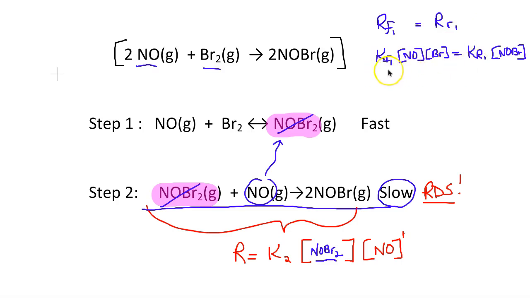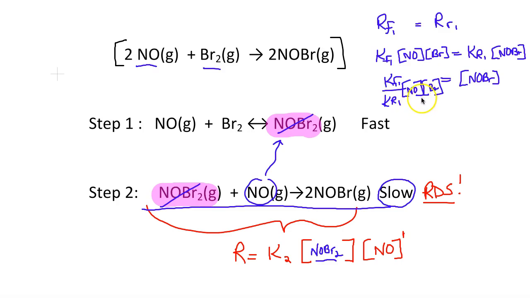So I'm going to divide by my rate law constant for the reverse, so NOBr equals k_f1 over k_r1 times this expression here, NO and Br2. Okay, and I just solve for it. All right, so that's what we have here.